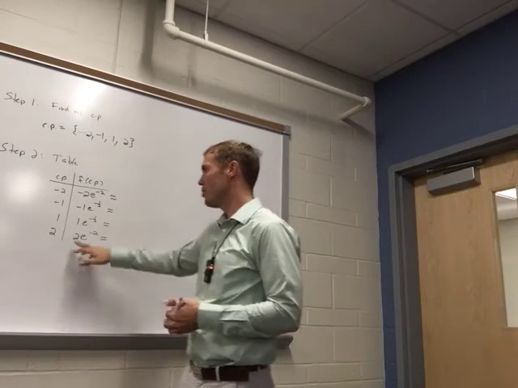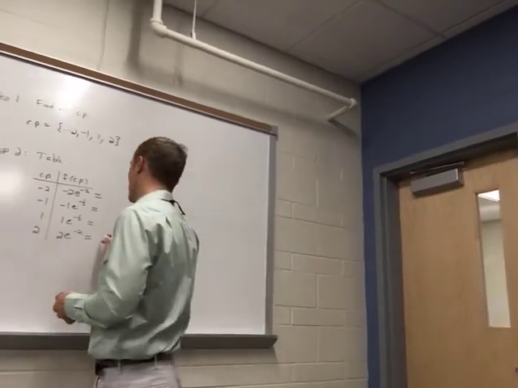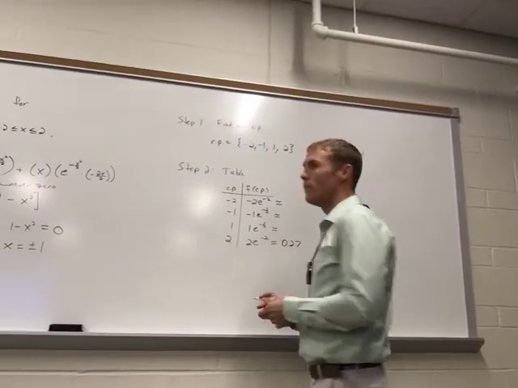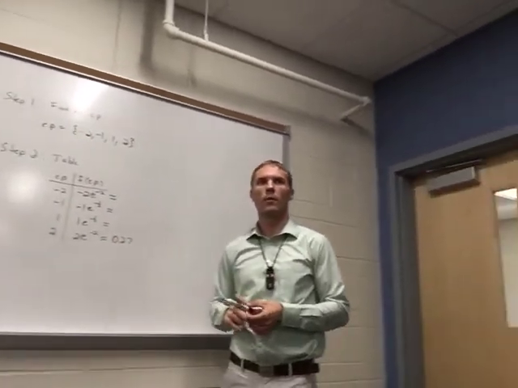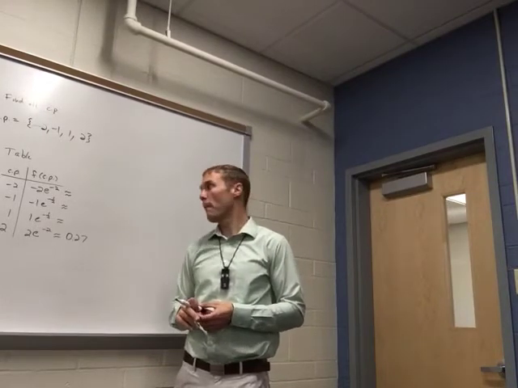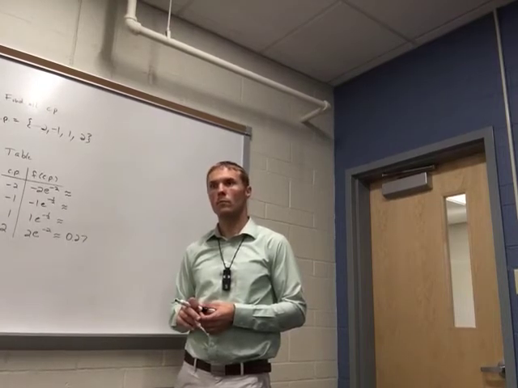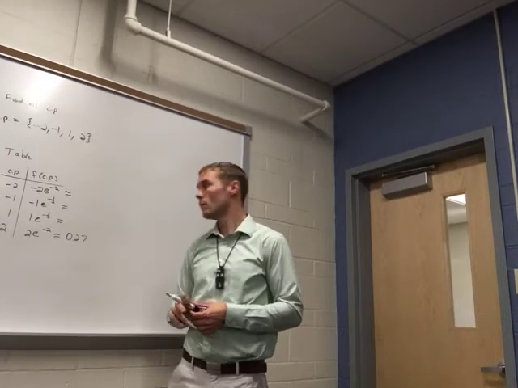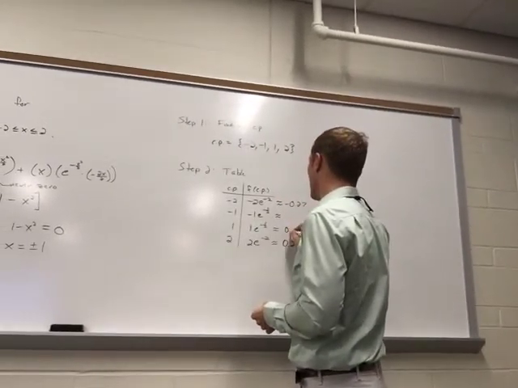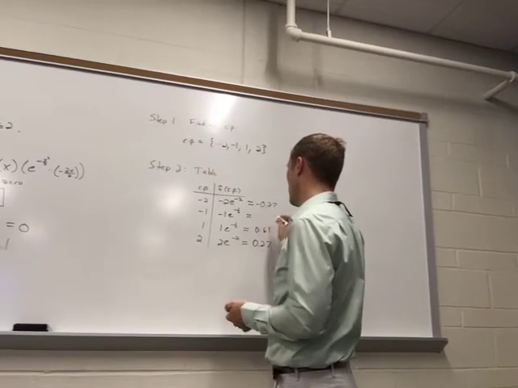I also need 2e to the negative 2, please. Say again? 0.27. Okay. Someone confirm that, please, though? Yep, okay. What about 1 e to the negative 1/2? 0.607. So I'll go 0.61 just to keep the same number of decimal places.